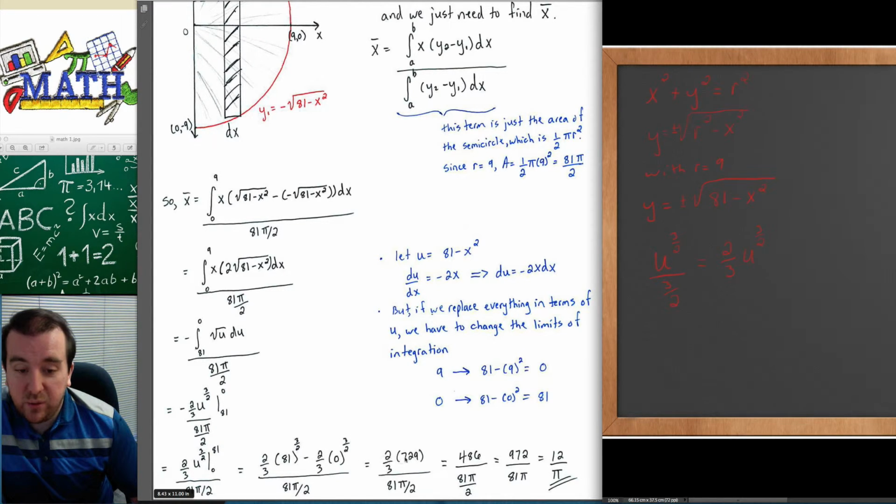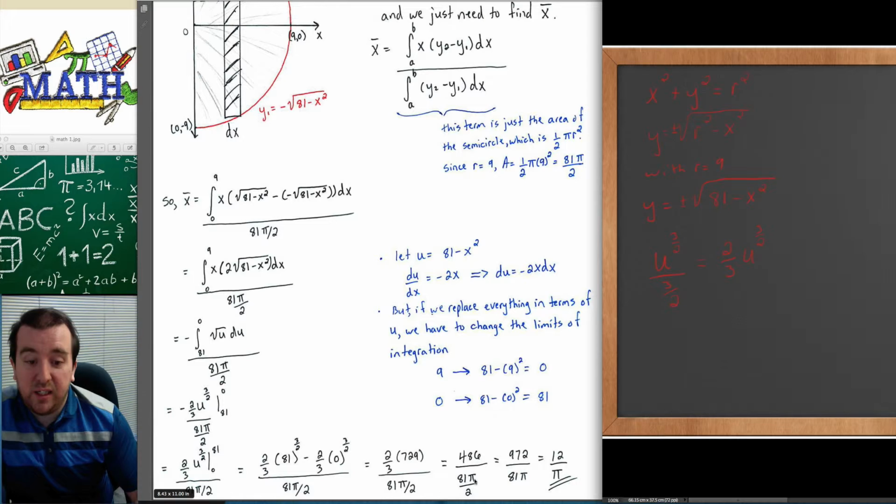So now we have 2/3 times 729 divided by 81 pi over 2. If you evaluate the top here, you get 486, and the bottom was 81 pi over 2. Rearranging a little bit, I brought the 2 up to the top and multiplied according to fraction division rules. That's 972 over 81 pi, and this then is 12 over pi.